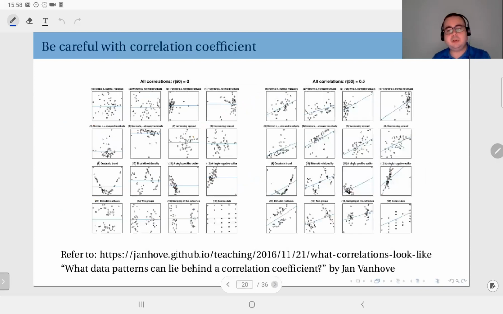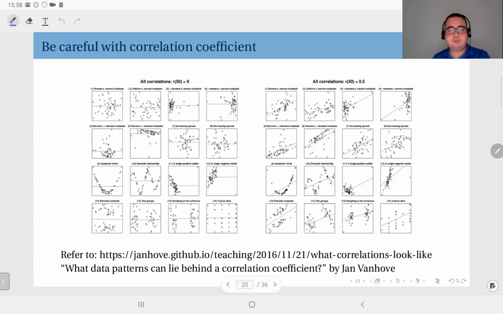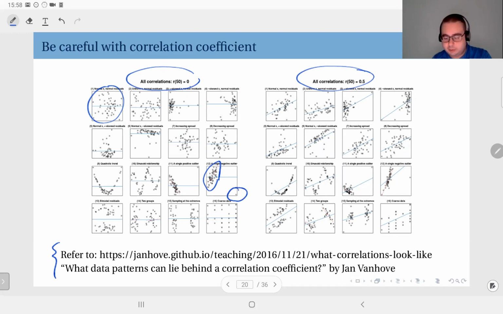Another great example I have taken from a blog where you have the link here, and you have very different scenarios here with 0 correlations and 0.5 correlations. I definitely recommend you go here and check it out because here 0 correlation could mean a scatter plot like this one, or maybe it's very closely related, but one single outlier gives you a correlation coefficient of 0, or maybe it could be something like this.